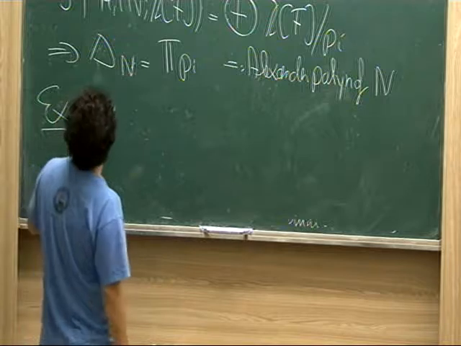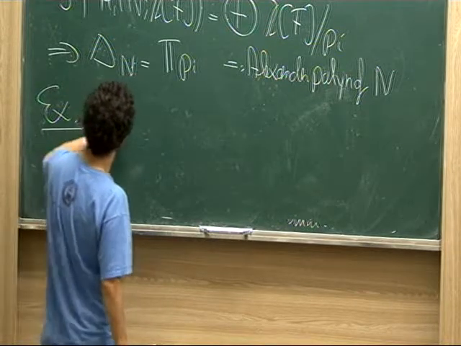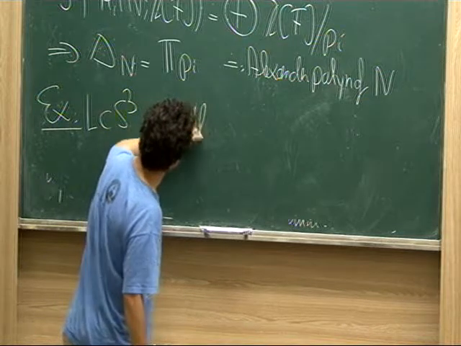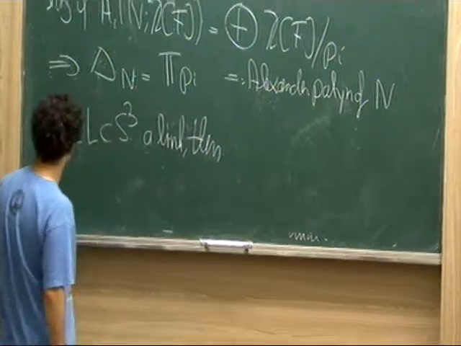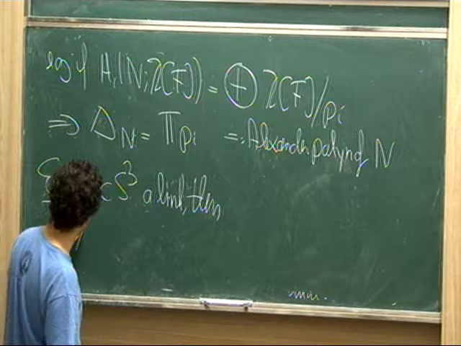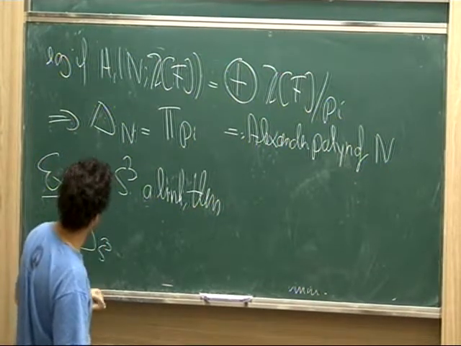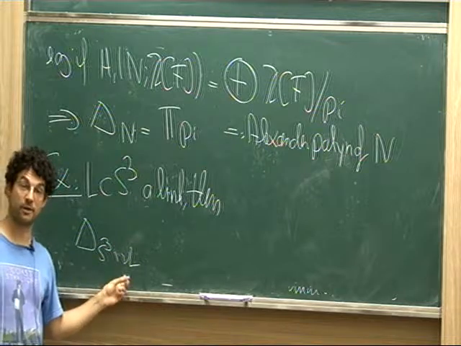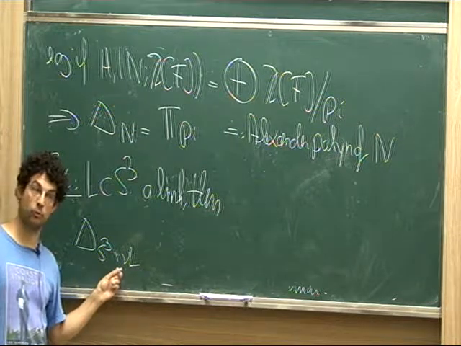For example, if you take L in S^3 a link, then I can again consider the manifold given by looking at the exterior of the link. So nu always means an open tubular neighborhood.